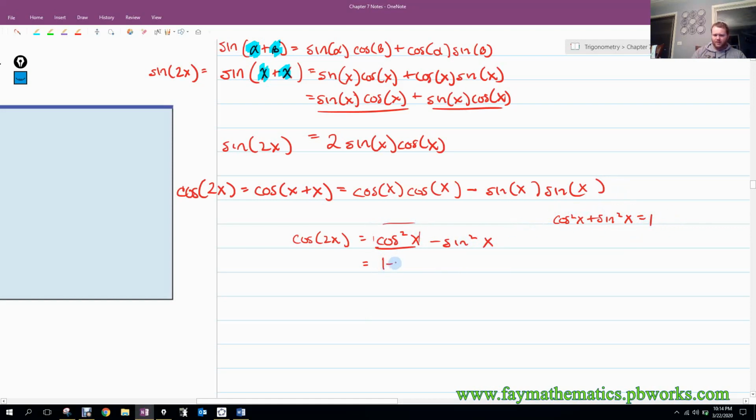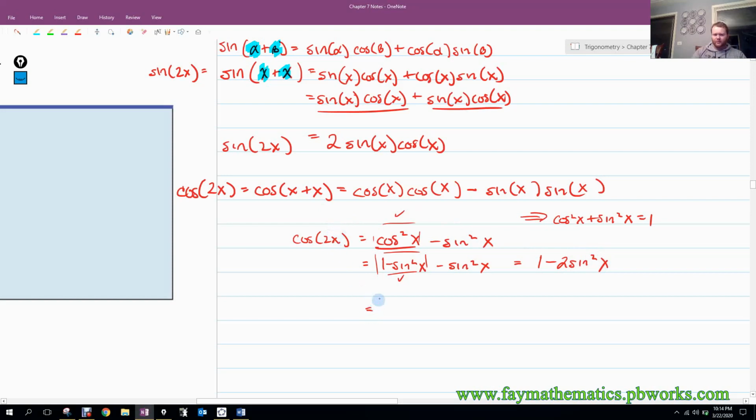So I'd have 1 minus sine squared x minus sine squared x. Those two things that I have in boxes are the same per that identity. So how many sine squares do you have? You're going to have minus 2, so it's 1 minus 2 sine squared x.